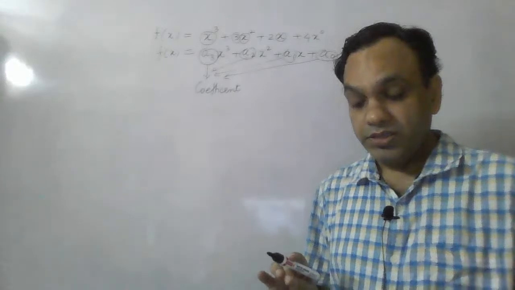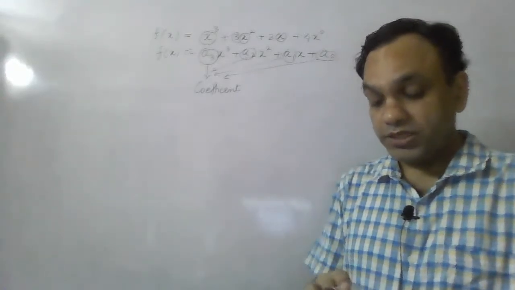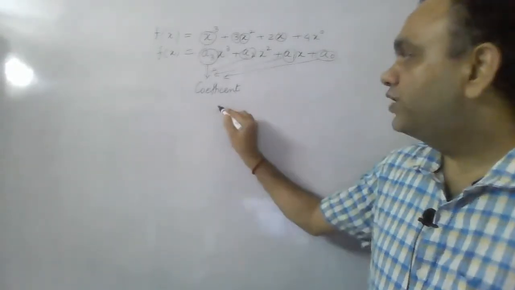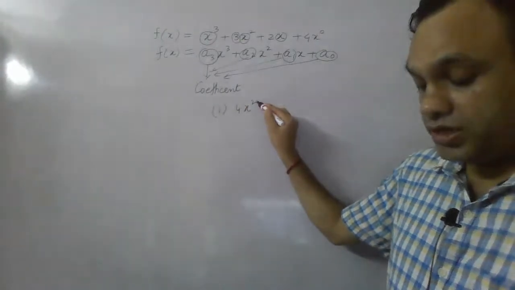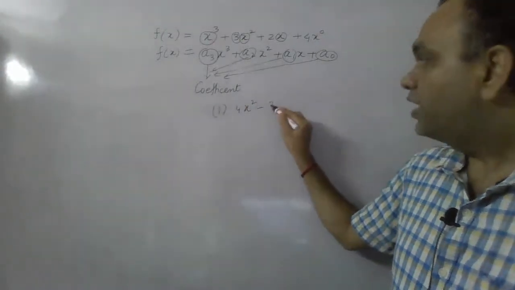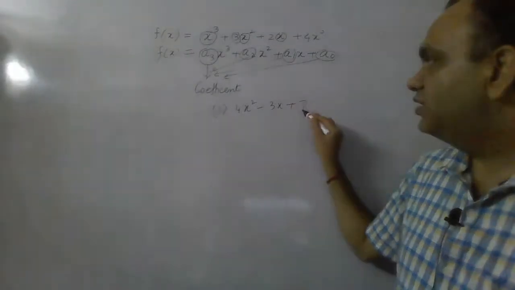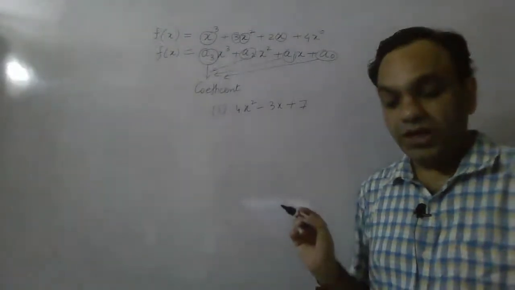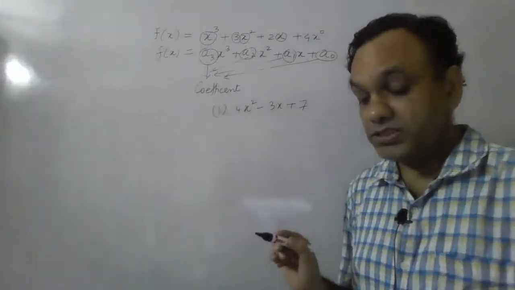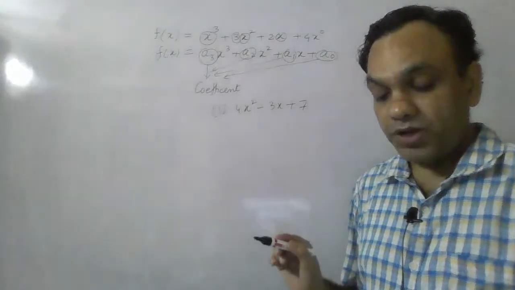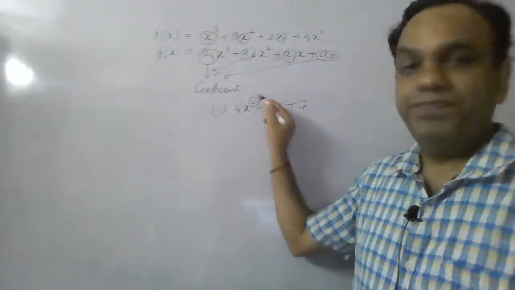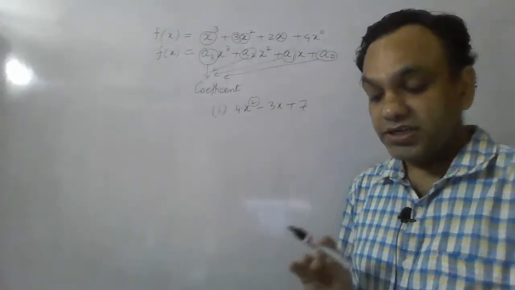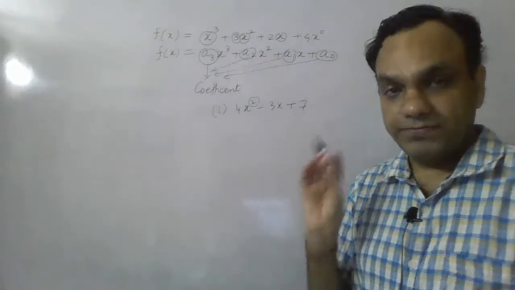State reasons for your answer. So look at the first one: 4x square minus 3x plus 7. Here we are using a single variable and the power of that variable is an integer. So we say yes, this is a polynomial.